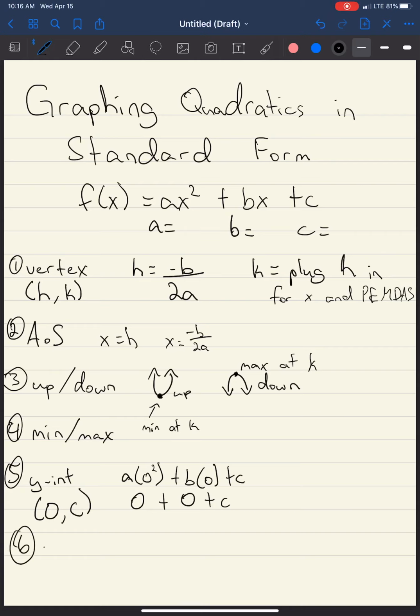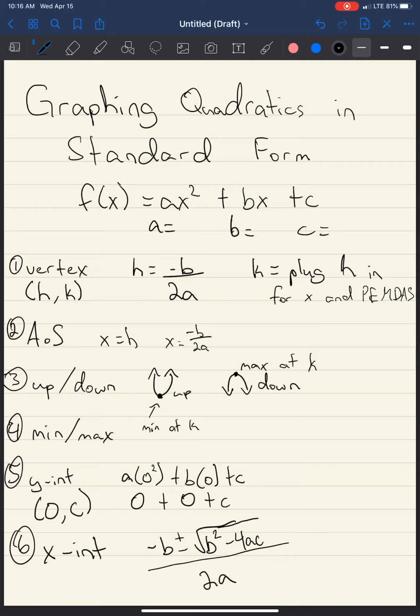Now for the x-intercept, we're going to have to use the quadratic formula. So we have negative b plus or minus the square root of b squared minus 4ac, all over 2a.